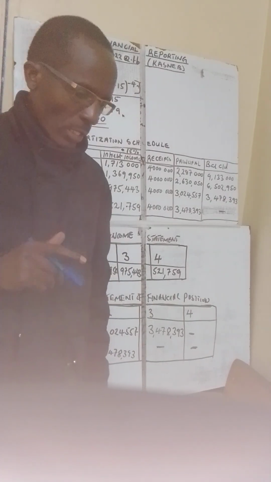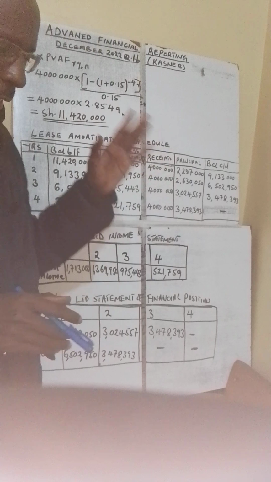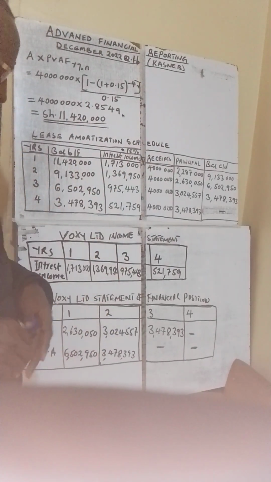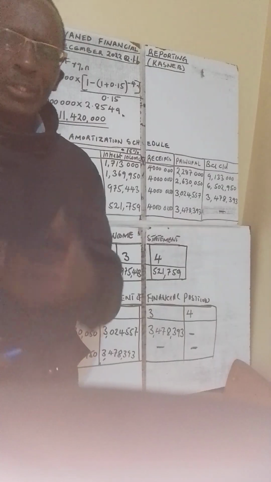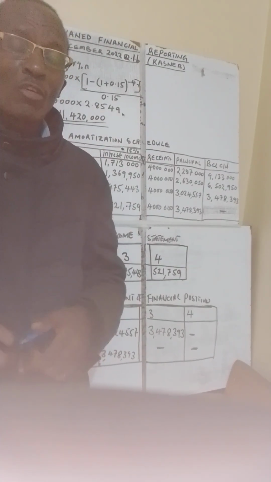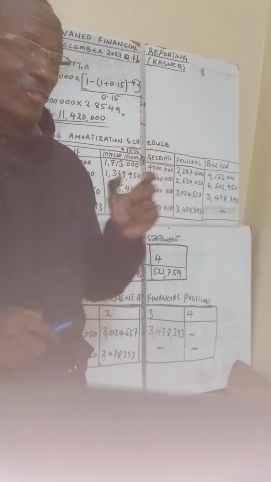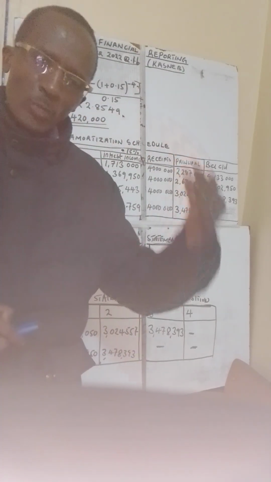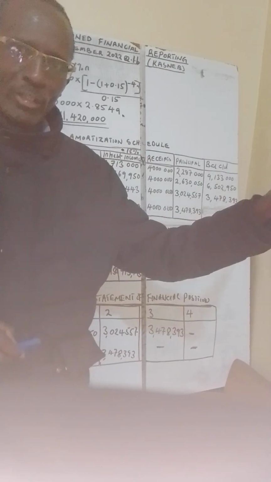That's the major thing. Now, I want us to look at just a simple question here, because we have started this advanced financial reporting from chapter 1. So we will be moving from chapter 1, 2, 3 up to the last chapter.